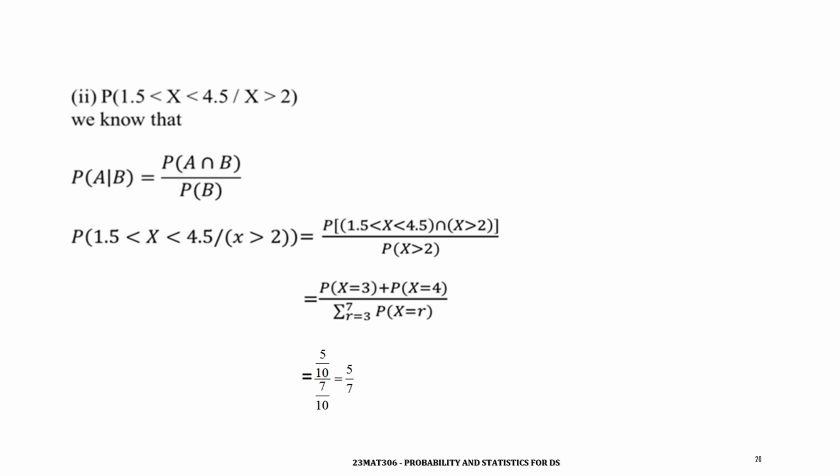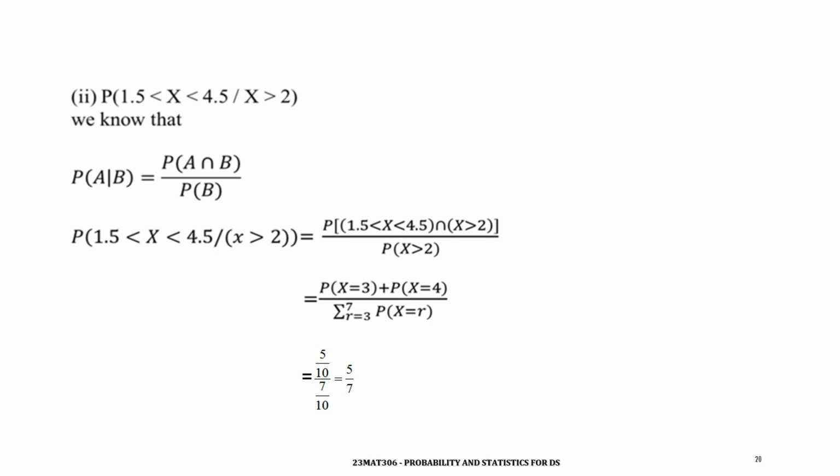Here we know that the conditional probability of A given B is equal to the probability of A intersection B divided by the probability of B. So as per the formula, we have to calculate the probability of 1.5 less than x less than 4.5 intersection x greater than 2, divided by P of x greater than 2. The intersection between these two sets is 3 and 4.